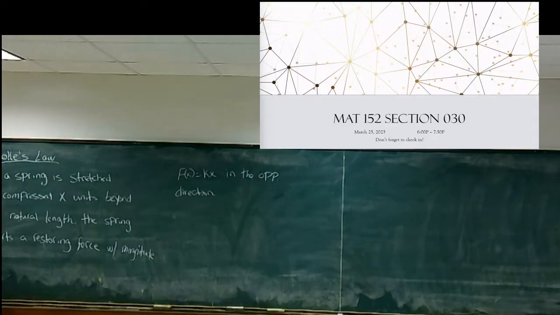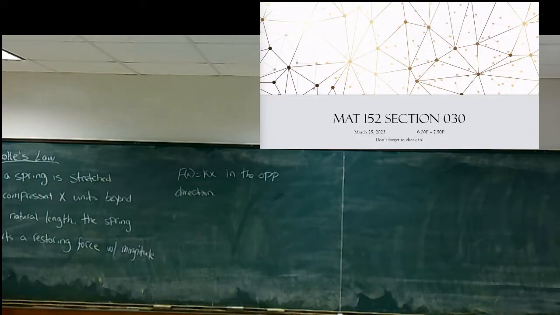If a spring is being stretched or compressed, say x units, beyond what's called its natural length, or its equilibrium position, the spring is going to exert a restoring force.